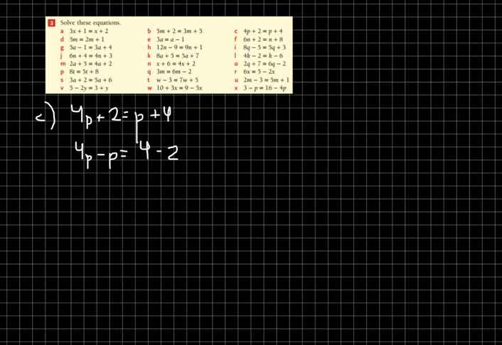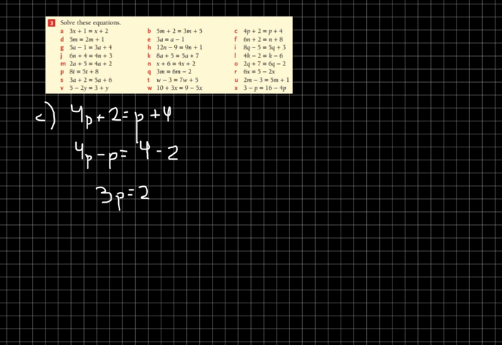And there I have 4 minus 2. Once I have all the prenumerals on one side and all the independent terms, aka numbers without the unknown, I must add or subtract. Here I must subtract: 4p minus p is equal to 3p. And 4 minus 2, it's going to be 2.